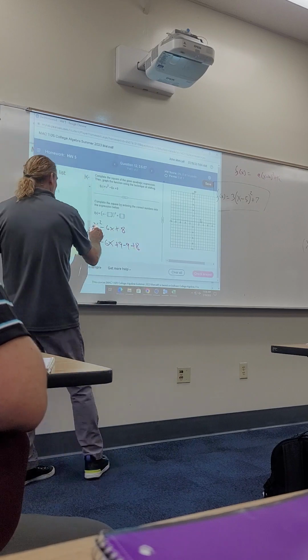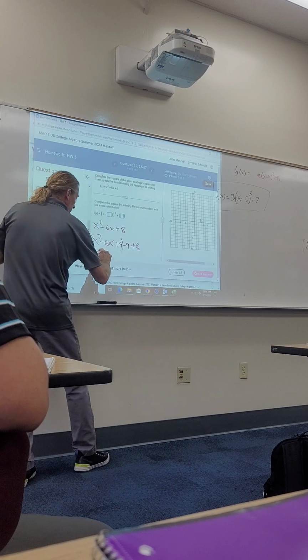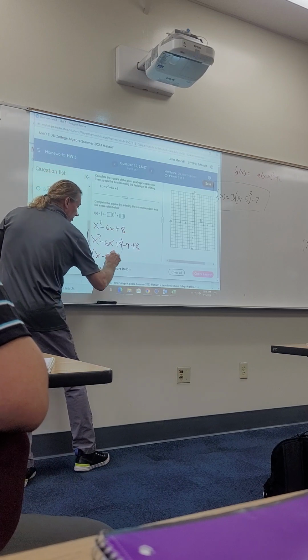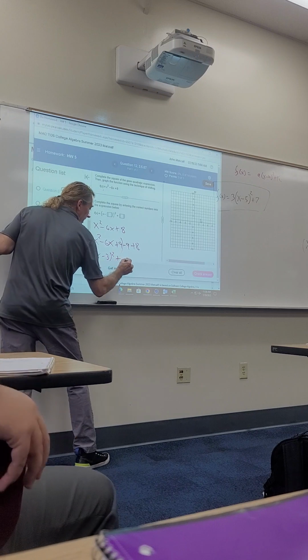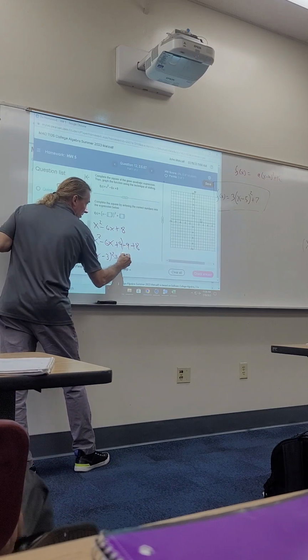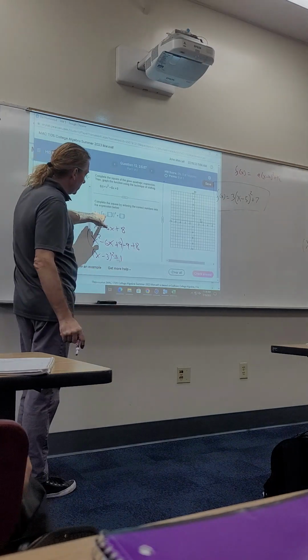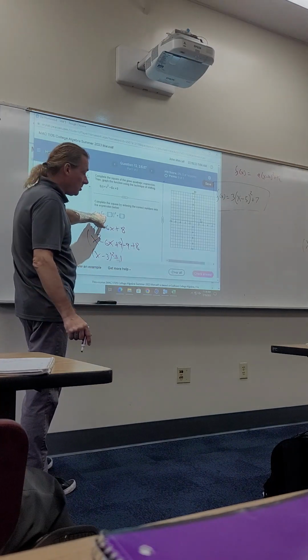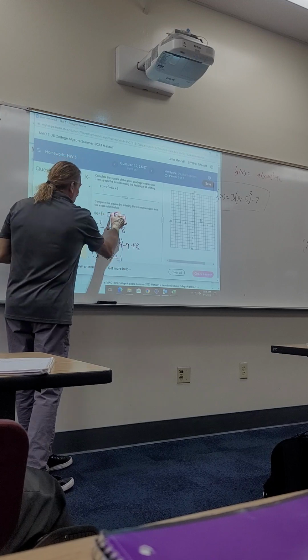Okay, now we're going to use the associative property, and this becomes (x minus 3) squared minus something, right? Because minus 9 plus 8 is what? Okay, so what goes in here? Well, there's a minus sign already there, so what goes in this box? What goes in here?